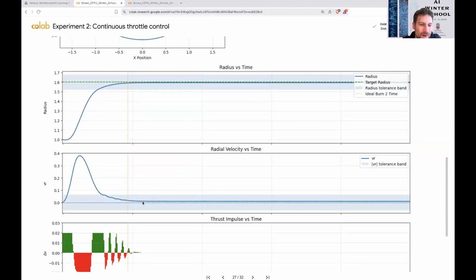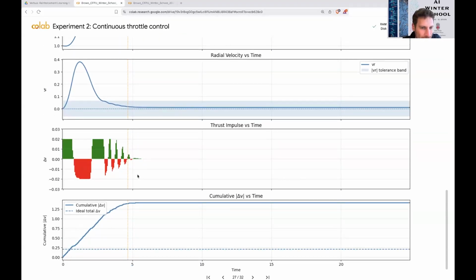So it's doing a lot more burns than we'd ideally want. But again, we were able to at least get a policy that got to the target, fully learned via simulation. And some of you may have better results than this, depending on the random seeding of your particular case.